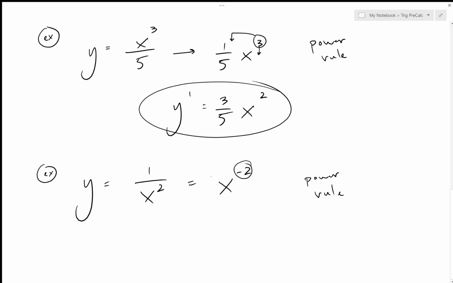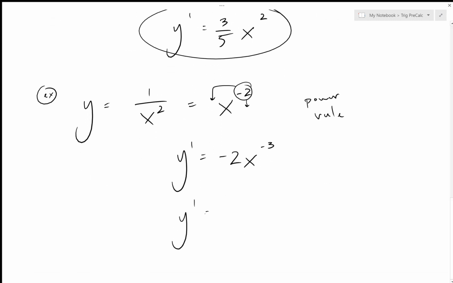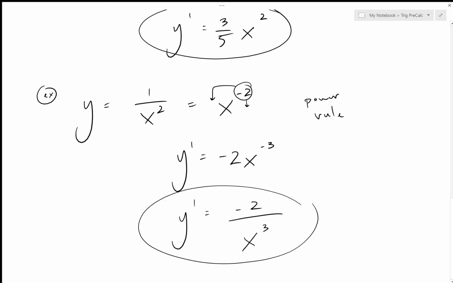We multiply that down and then bring it down by 1, so y prime is -2 x to the -3, and we can clean that up some more to -2 on top and x to the positive third once you put it on the bottom of the fraction. Okay, so some of them look like quotient rules, but you only have to use it for certain cases.